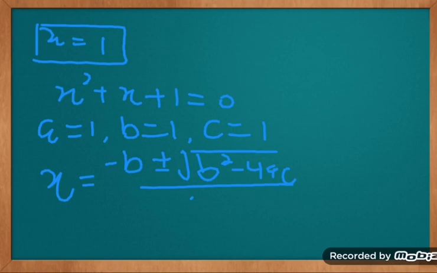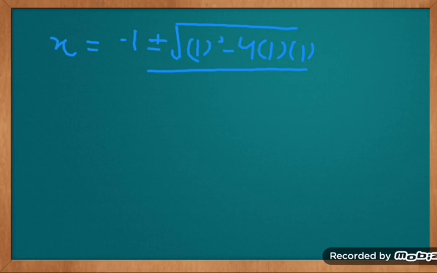Now putting values in this formula, x is equal to minus 1 plus minus square root of 1 whole square minus 4 into 1 into 1 divided by 2 into 1.